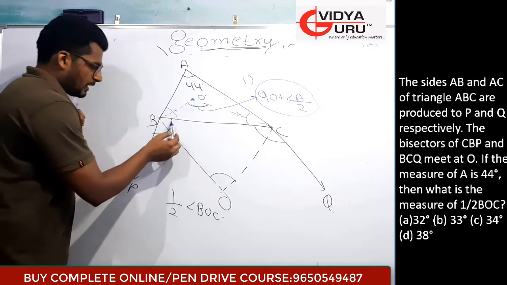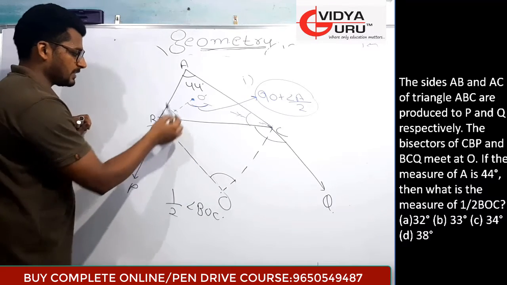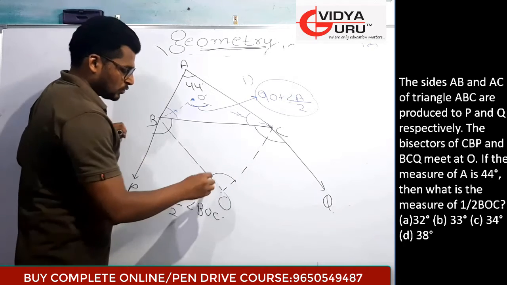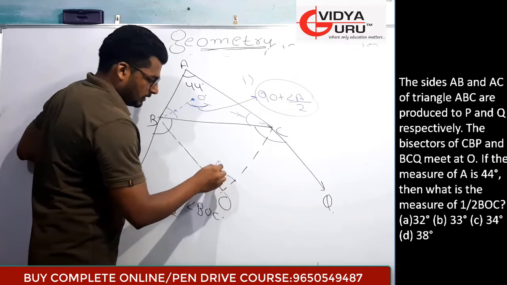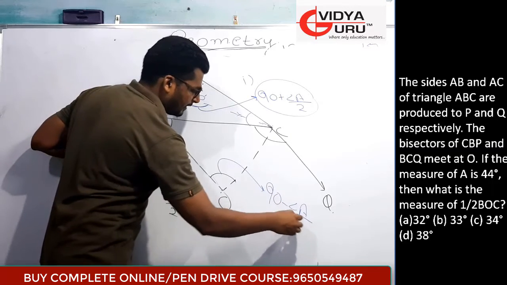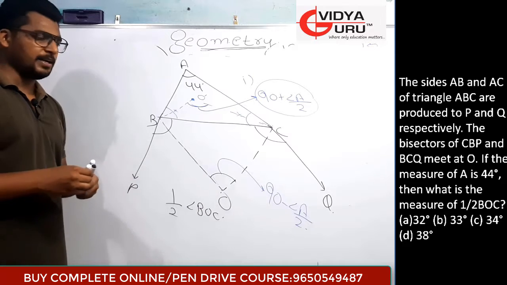And if these become external angle bisectors, meeting at O, then this angle will be equal to 90 minus A by 2. So this will be 90 plus A by 2 and this will be 90 minus A by 2.